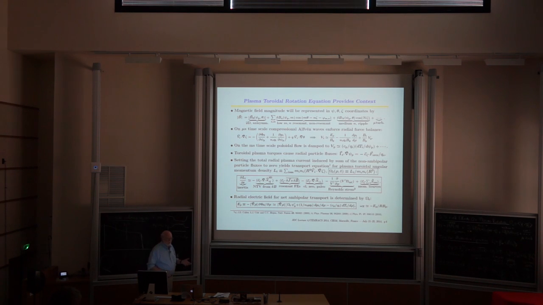As I had mentioned last time, on the microsecond time scale, compressional Alfvén waves enforce the radial force balance. And what that turns into is that toroidal rotation is related to the radial electric field and two diamagnetic flows.